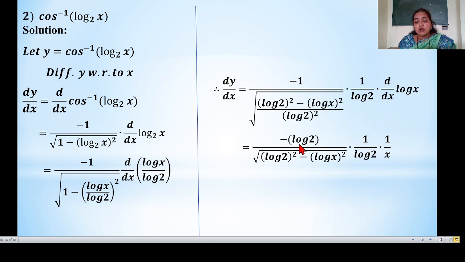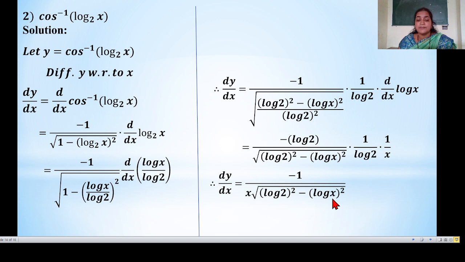So minus log 2 divided by square root of (log 2) whole square minus (log x) whole square, multiplied by 1 upon log 2, multiplied by the derivative of this term which is 1 upon x. Now this log 2 and this log 2 cancel out. So we get the final answer: dy by dx is equal to minus 1 upon x square root of (log 2) square minus (log x) square. Okay, so this is our final answer.